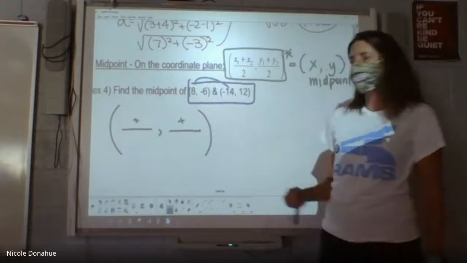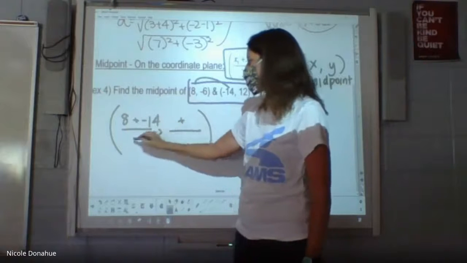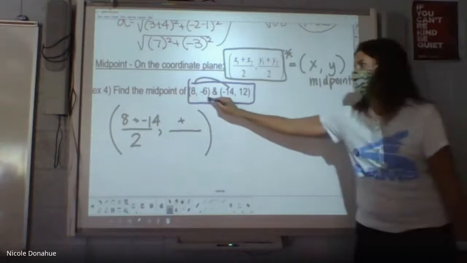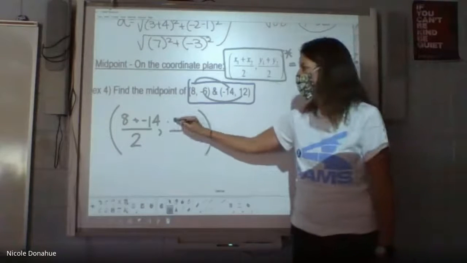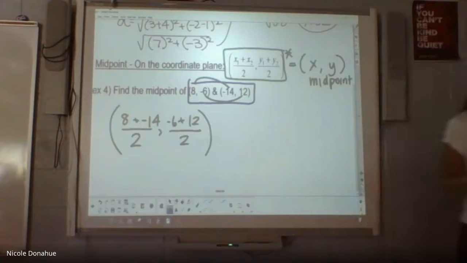So we need to add the x's together. 8 plus a negative 14, divide by 2. And then negative 6 plus 12, divide by 2. Now, one of the things to remember with division like this is that the big long line is like a grouping symbol, so you have to add before you divide.